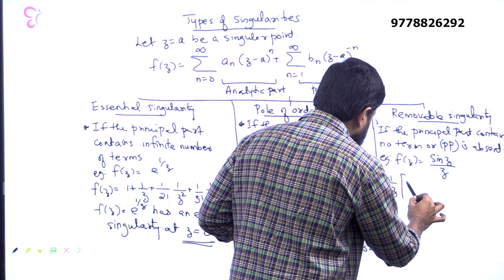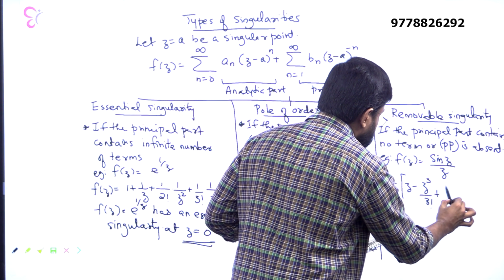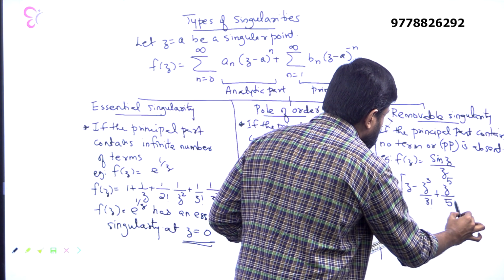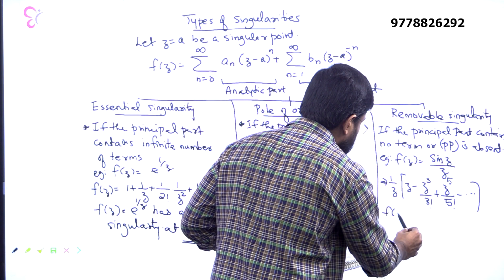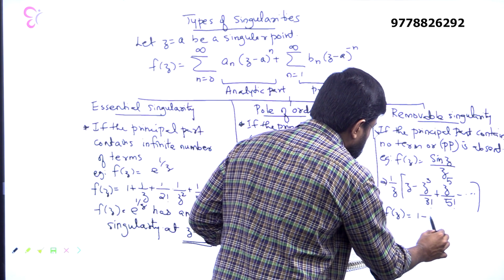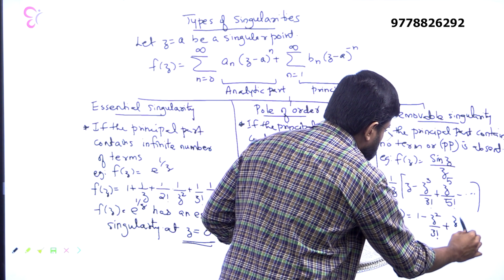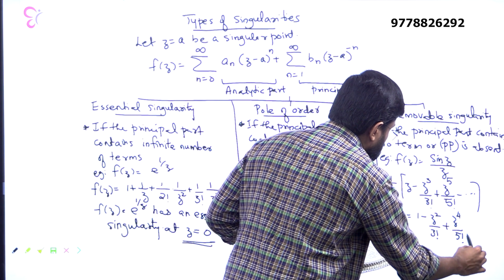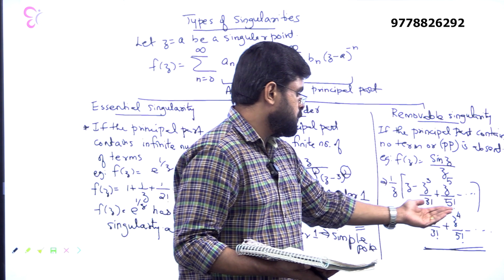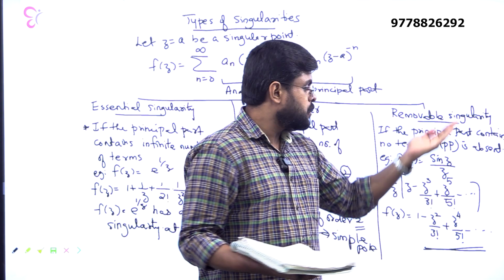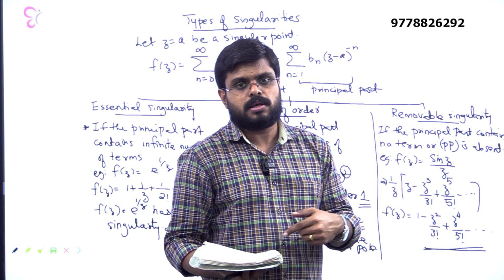It is z minus z cube by 3 factorial plus z power 5 by 5 factorial minus etc. If you take this z inside, then f of z will be 1 minus z square by 3 factorial plus z power 4 by 5 factorial minus etc. So, that means there is no principal part. All the powers of z are in the numerator. Principal part is absent. So, it is called a removable singularity. Clear?